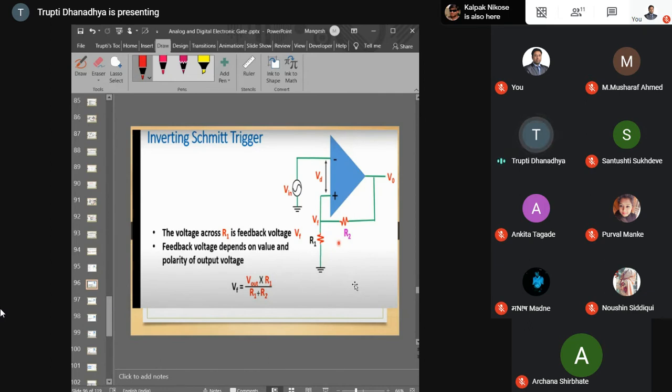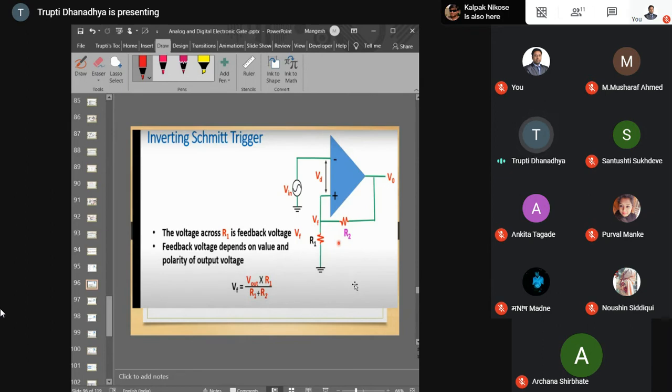Similarly, for the voltage divider rule, the element across which we want the voltage is the numerator, divided by the total resistance, multiplied by the total voltage. So this is your voltage divider rule. Of course, the voltage across R1 is nothing but your VF. Then the rule is: VF is equal to V out multiplied by R1 by R1 plus R2.